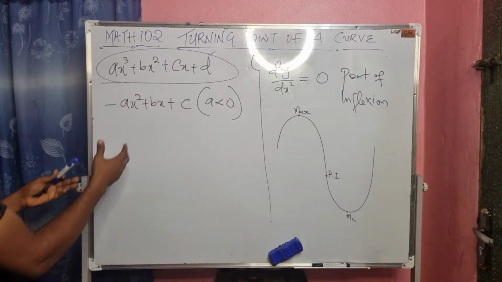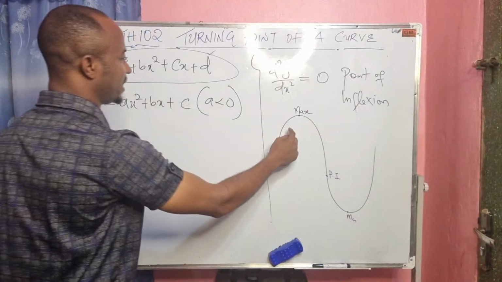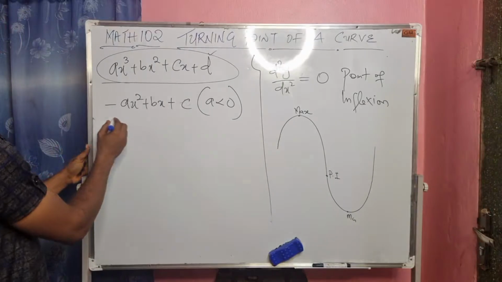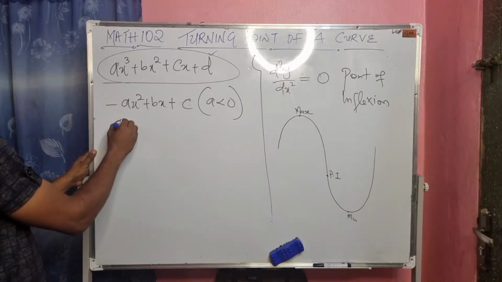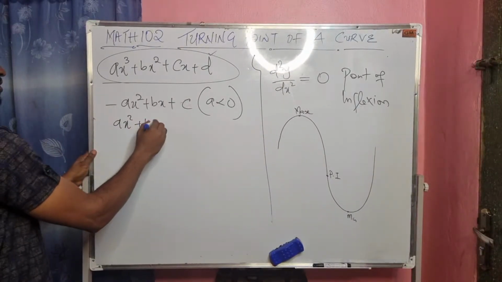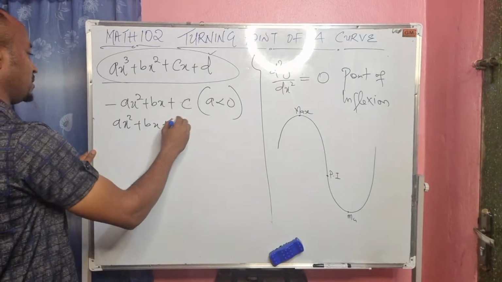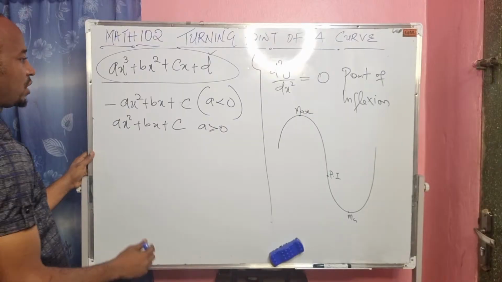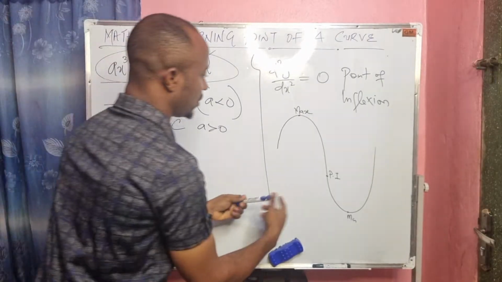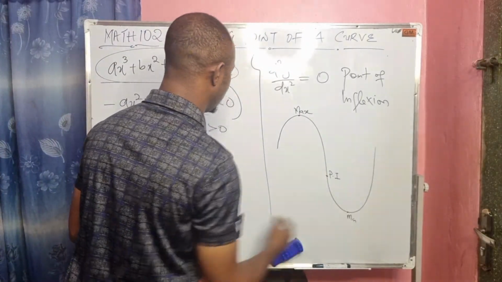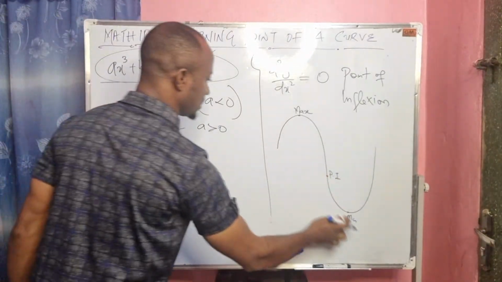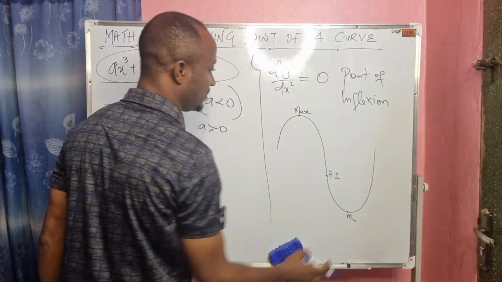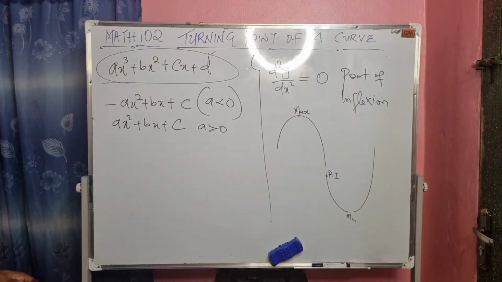When you plot a graph of this kind, we obtain a maximum point. But if you plot a graph of ax squared plus bx plus c, where a is greater than 0, we obtain a graph having a minimum point. Please take note.